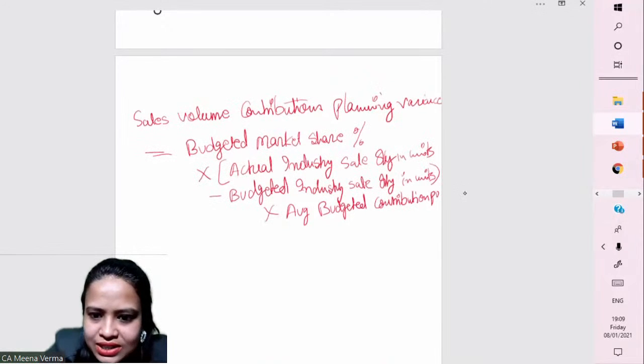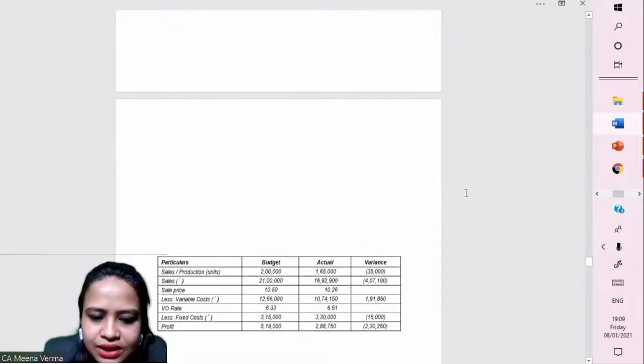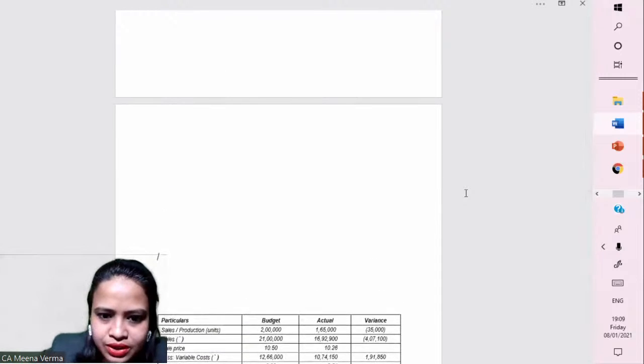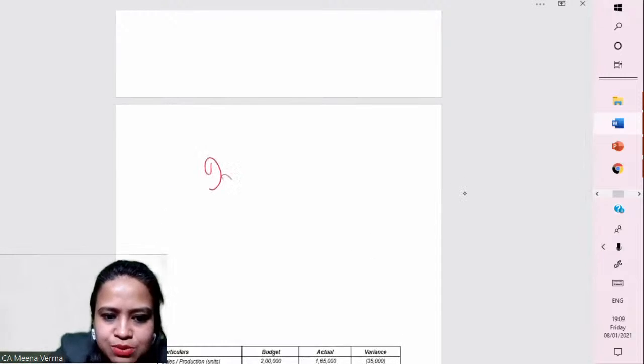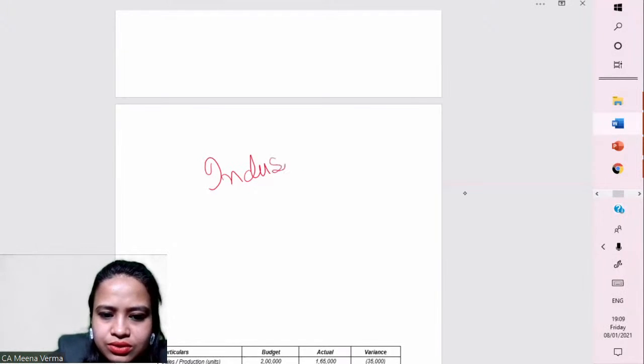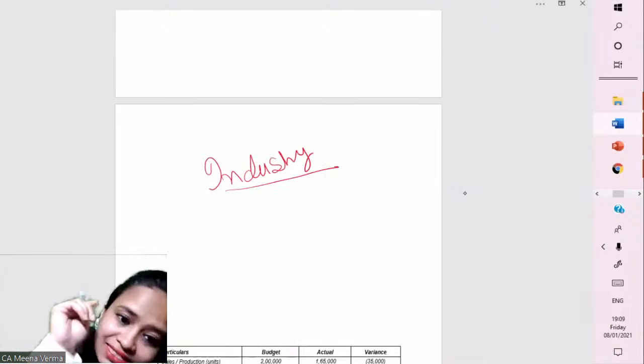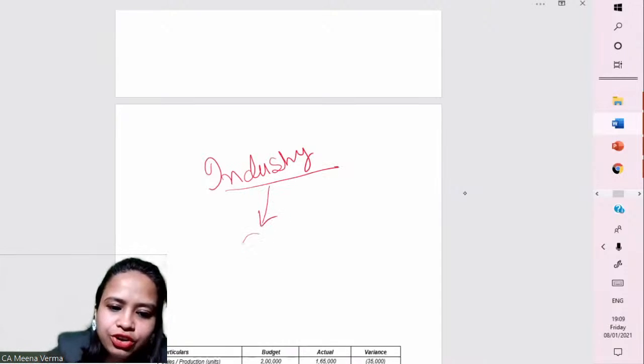So actual industry sale, see, they are talking about industry. There is a difference between the entire industry, and in that industry you have a firm.